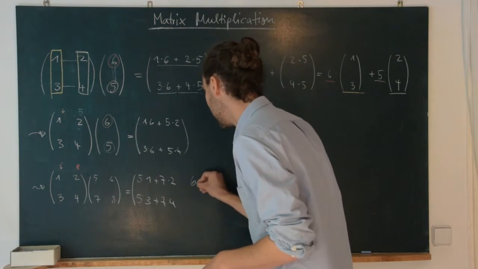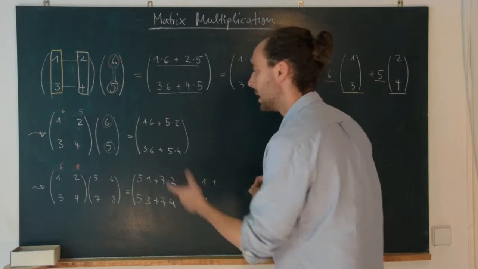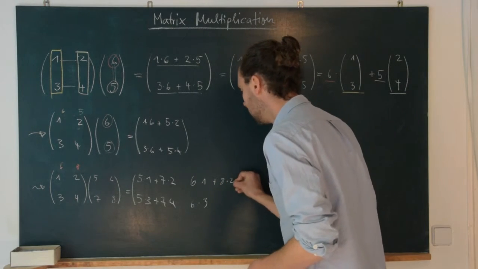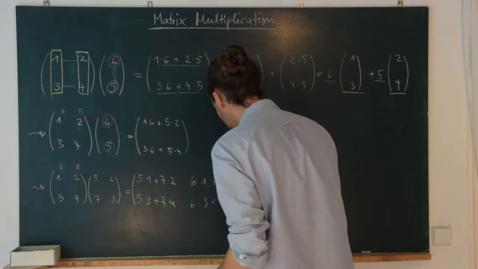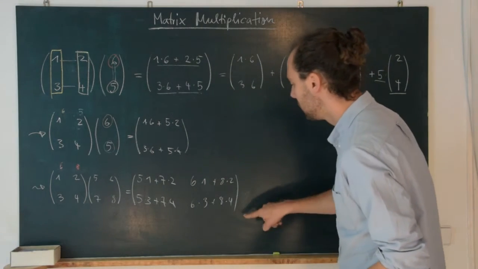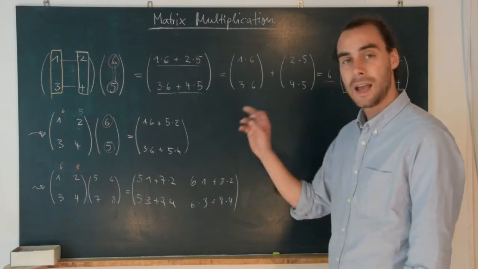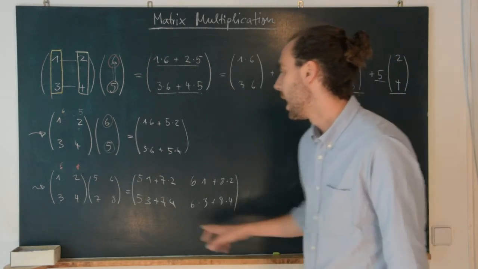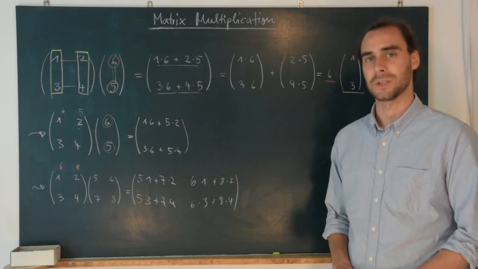So it's 6 times 1, 6 times 3, plus 8 times 2, and 8 times 4. So this is our new matrix. I won't calculate it because I'm lazy, but that's exactly how you can multiply two matrices with each other.